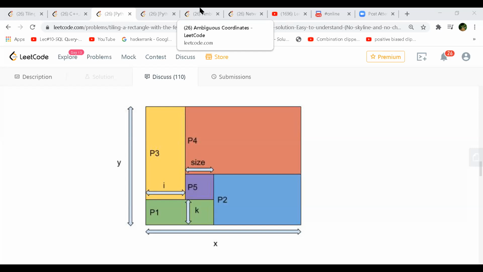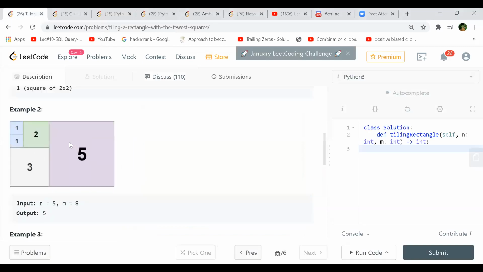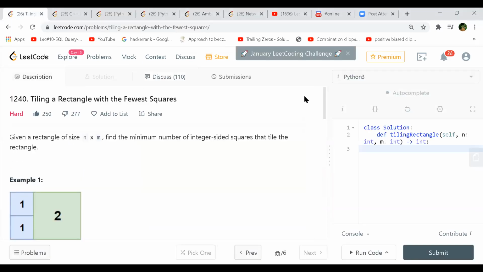But I don't know. Can you go to the description? If you see this one, you need to fill with squares only, right?